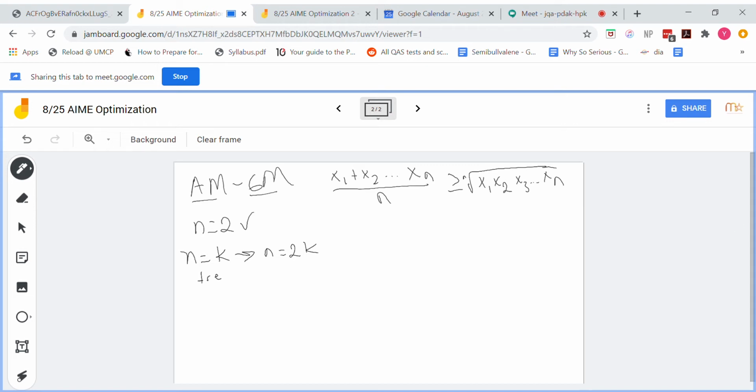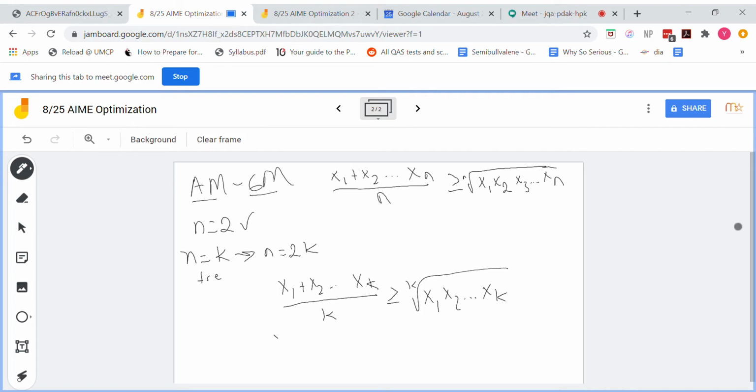We know that x1 plus x2 all the way to xk, over k, is at least the kth root of x1, x2, all the way to xk.